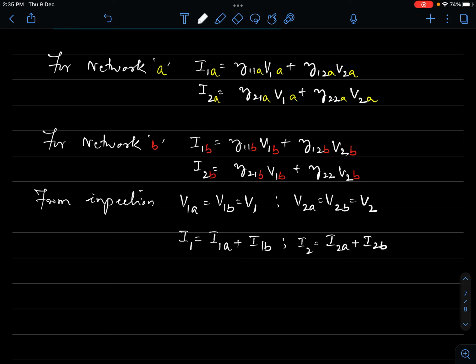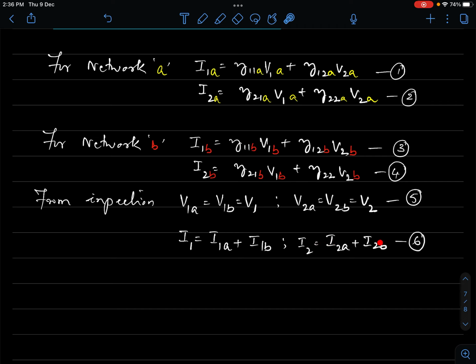Now what do we do? It is very simple. I will name these equations. This is my 1. This is my 2. This is my 3. This is my 4. And I will make use of these. We can further name them. This is equation set 5. This set is 6.